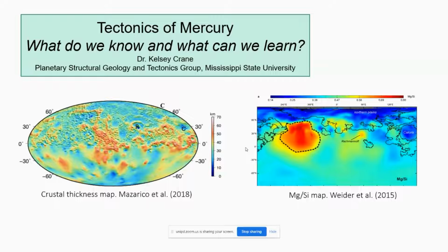I will ask if the thickness of the crust is related to the presence of more tectonic structures where it's thicker. Because we know it's a compressive environment, so I think that must be the case. Right, that's an awesome question that you could start with.